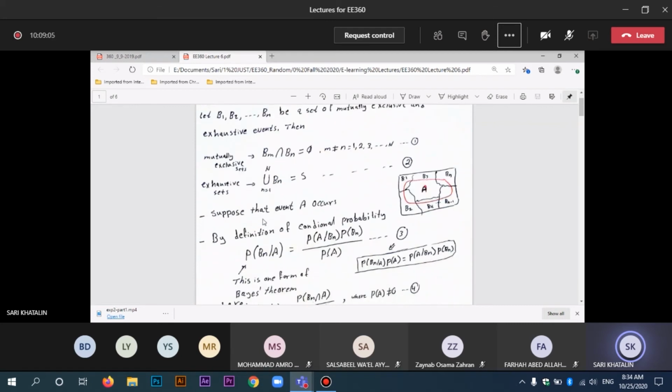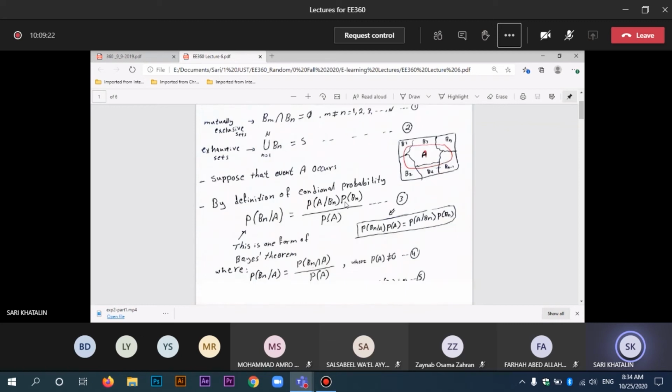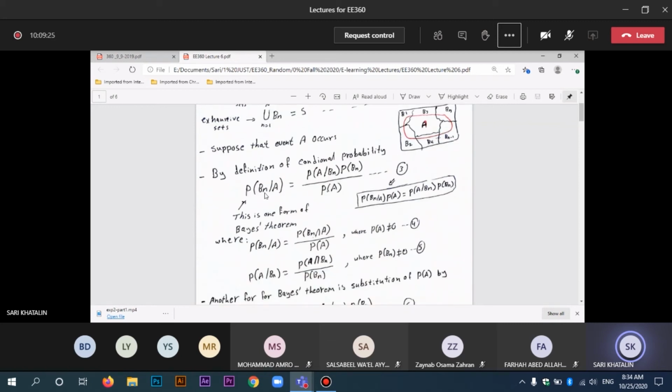So let's assume also that the event A occurs, which is right here, and you can see that there's an intersection between B1 and A, B2 and A, and so on, the intersection between each set and the event A. Now, by definition, in equation 3, the probability of Bn given A is equal to the probability of A given Bn times the probability of Bn, divided by the probability of the event A. This is conditional probability. We did talk about it last lecture.